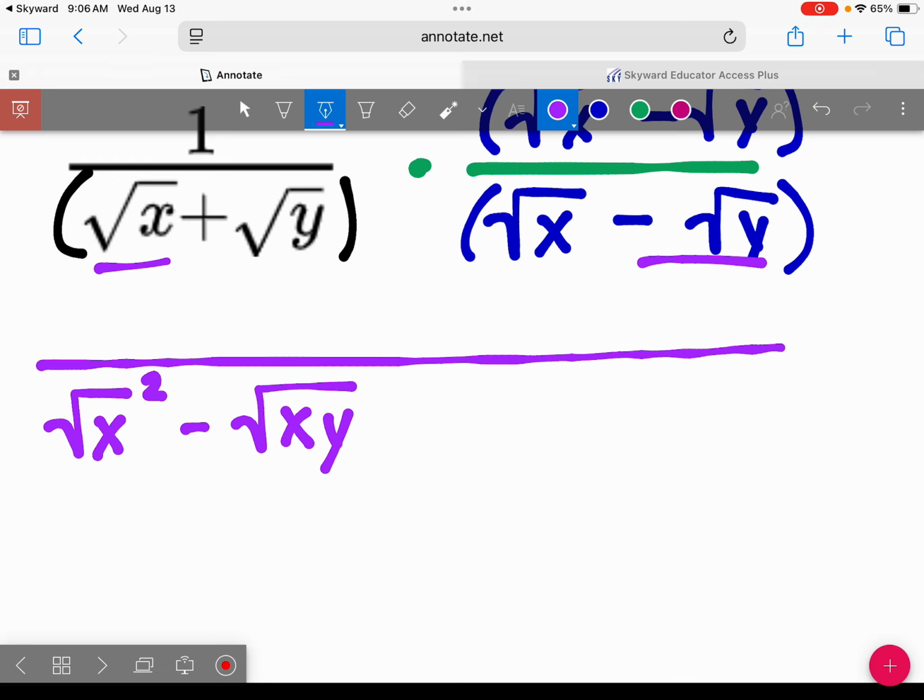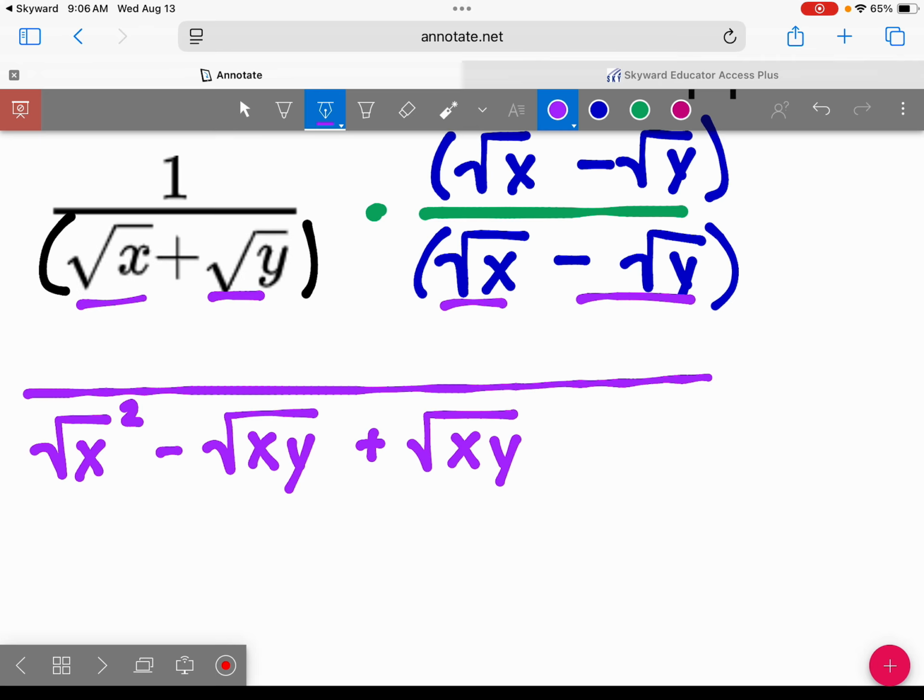We can multiply our radicands together under the radical. Totally fine. When we take our square root of y times square root of x, we have our positive square root of xy, or yx. Genuinely does not matter. And then we're left with our minus square root of y times square root of y, so minus square root of y squared.